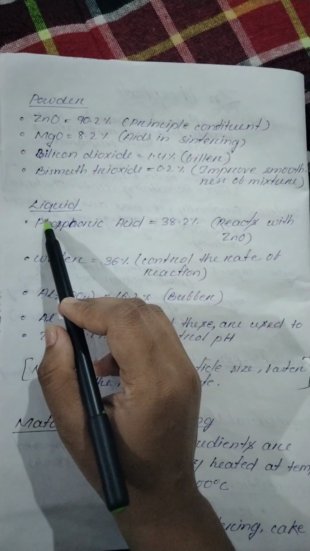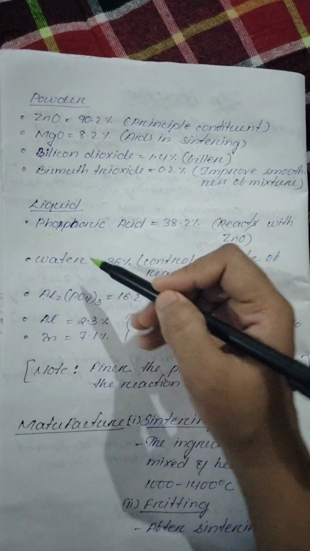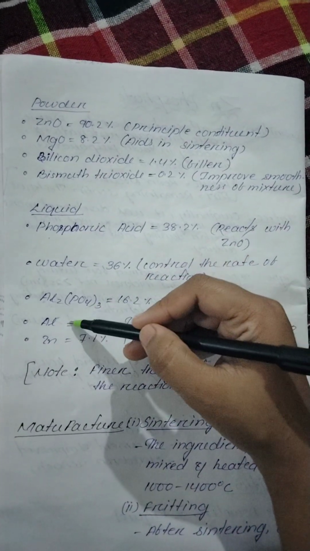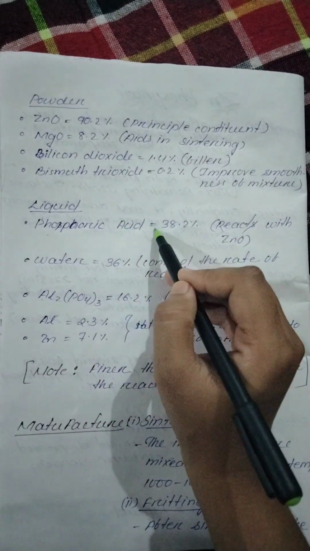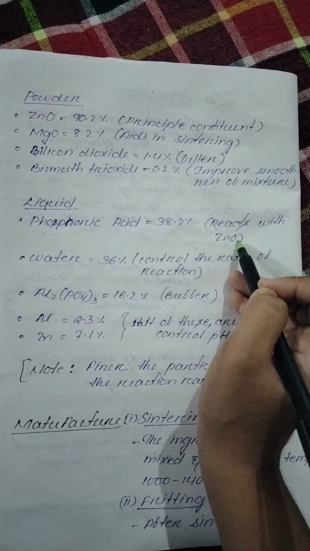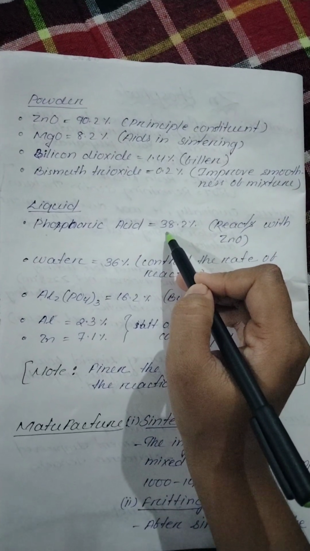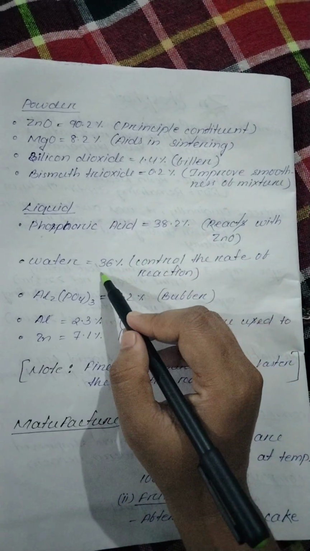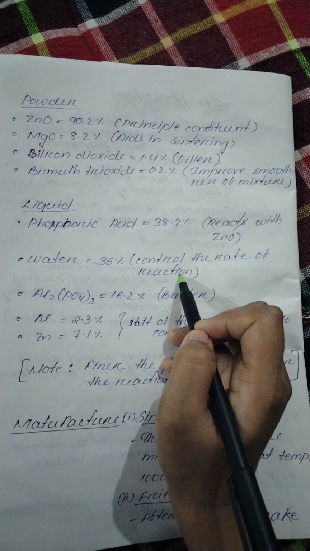Liquid. The composition of liquid is phosphoric acid, water, aluminum phosphate, aluminum, zinc. Phosphoric acid, which reacts with zinc oxide, is present at 32.2% in the liquid. Water, 36%, controls the rate of reaction.